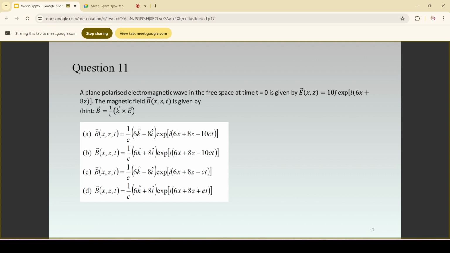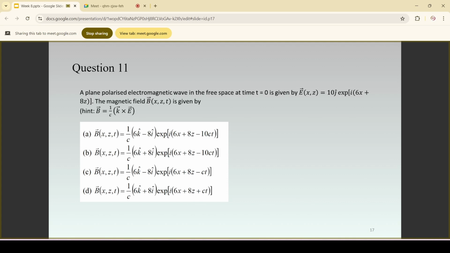So that's why this is divided here. So the B vector is 1 over c, divided by 10, 6 k minus 8 i, exponential of i(6x plus 8y minus omega t). This is the B vector: 6 k minus 8 i, exponential of i(6x plus 8y minus ct).